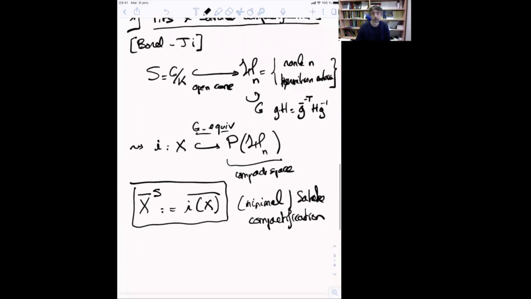I will describe this compactification a bit and be a bit sloppy about the topology on it, just to give you a sense of it.